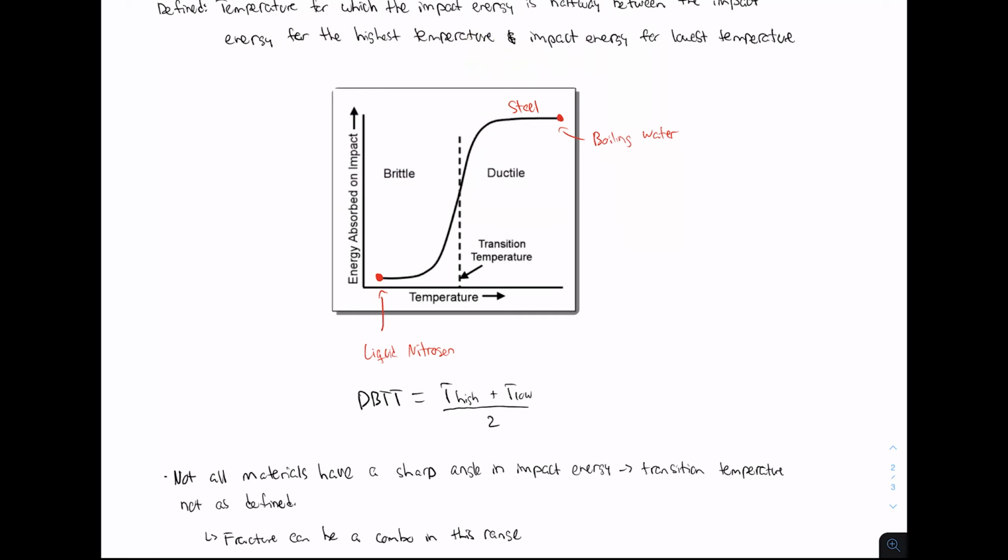But if we have a slope like this in purple, this transition temperature, while it might mathematically be in the middle there, the range in the impact energy is not very large, but the range in the temperature is really large. Okay, so that's just something to keep in mind. So the aluminum is not going to have a very well-defined transition temperature because of that very minimal range in the impact energy.